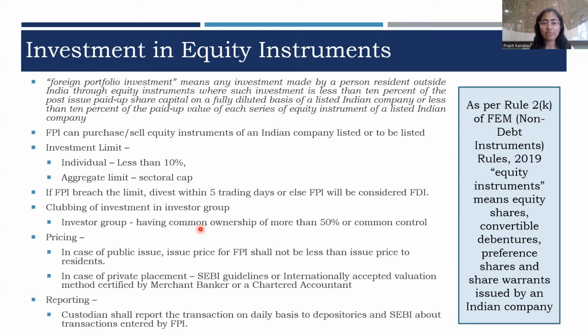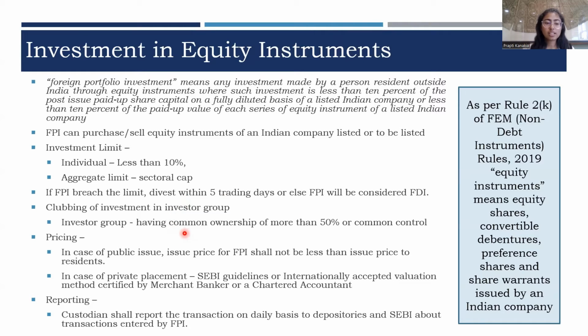So they inform the FPIs about their excess investment, and FPIs are given a time period of 5 trading days to divest their excess investment. If they don't divest these investments, then the investment will be termed as foreign direct investment, and therefore they will be required to comply with the FDI norms for these investments.